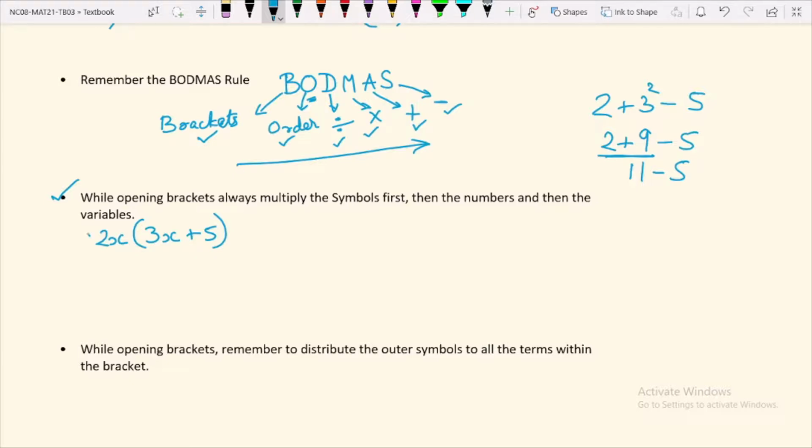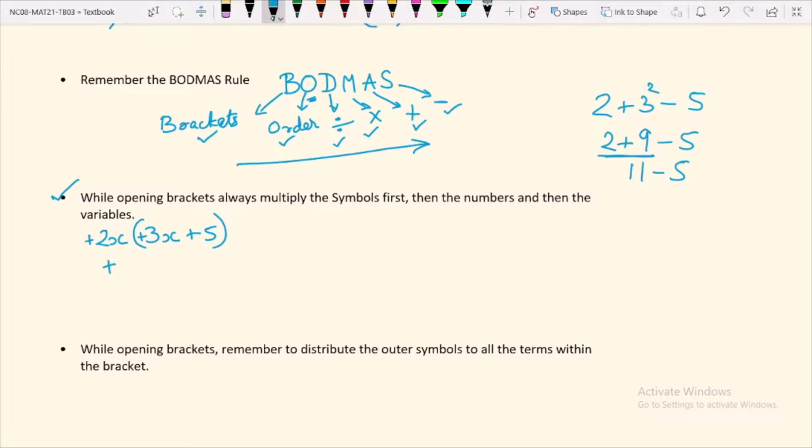So here the symbol is plus, here also the symbol is plus. 3x has the symbol of plus. If there is no symbol given beside the number, we can write it as plus. So plus into plus will be plus.